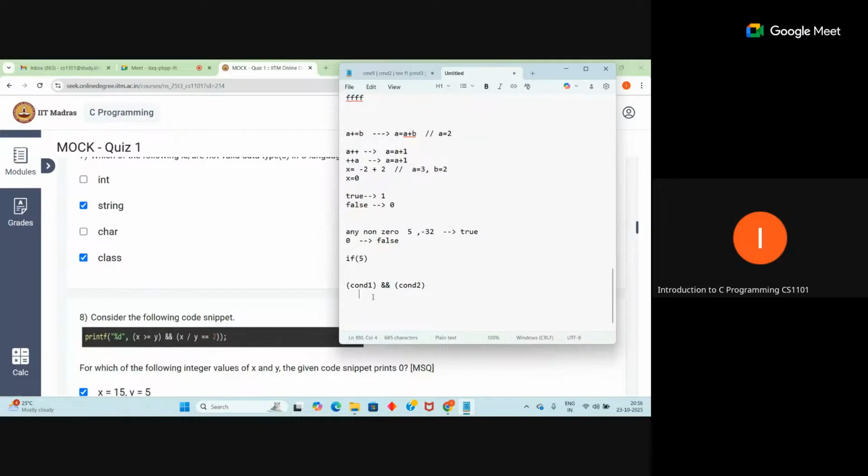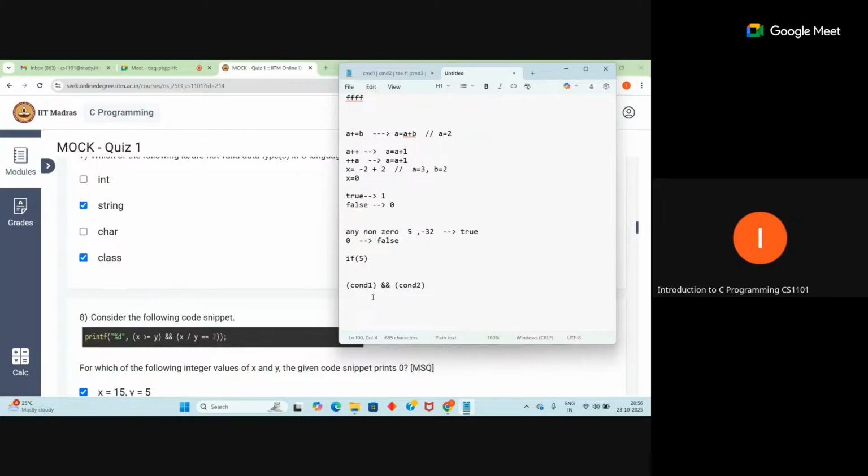Say for example, you can write quiz 1 only if you got, in your graded assignments, more than 40 marks, then only you can write quiz 1. Or suppose in your mock test, if you got above 60, then you are eligible to write quiz 1.